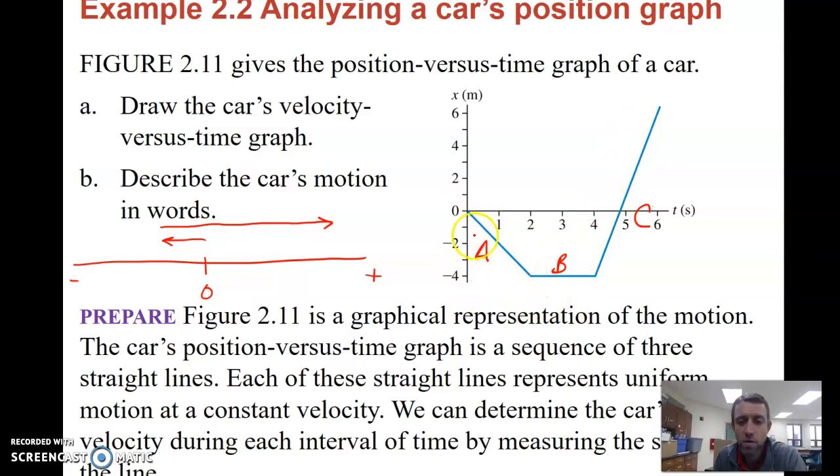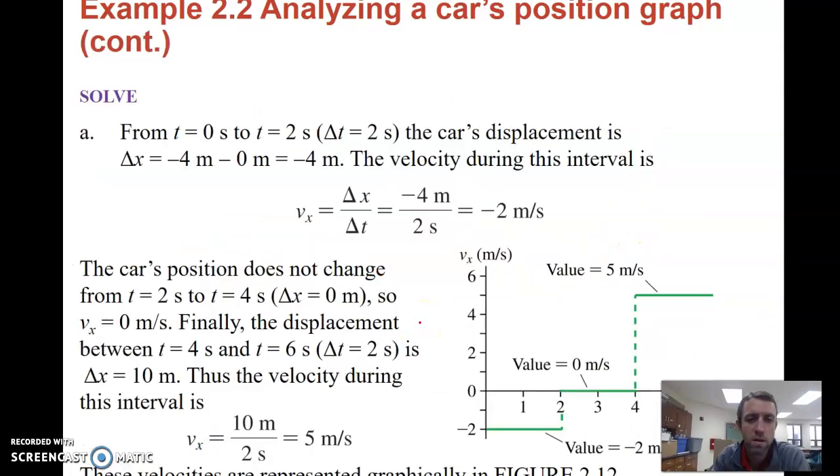A has a negative slope, so that means it's moving in the negative direction, but it's moving at a constant speed in the negative direction. B, no slope, 0. So it's not moving, it stops. And then it turns around and moves at a constant speed in the other direction. And that's what we see here.